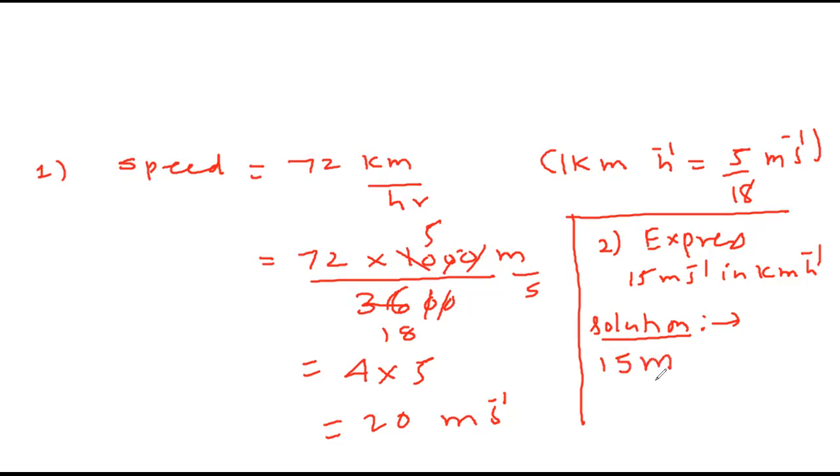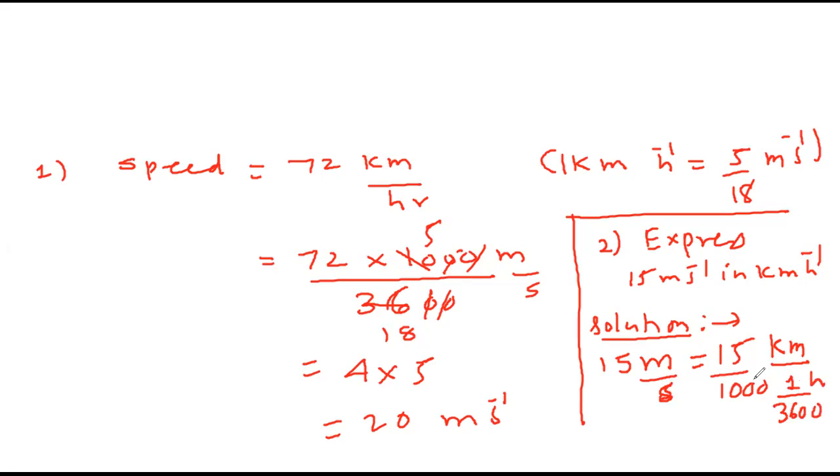Now 15 meter per second. Sir, converting meter per second into kilometer per hour, we have to multiply it by 18 by 5, right? Yes, correct. In case we don't remember this conversion factor, then 15 meter is 15 divided by 1000 in kilometer. Correct, no? And 1 second is 1 upon 3600 in hours.